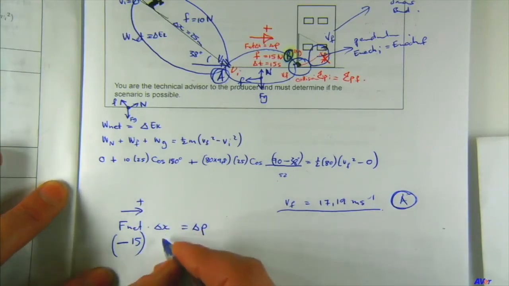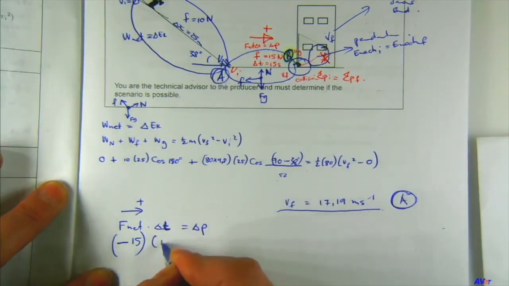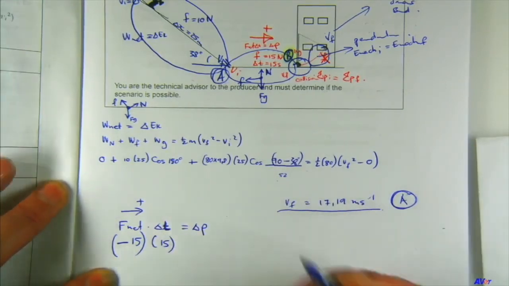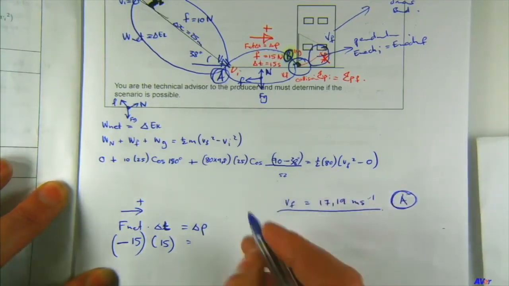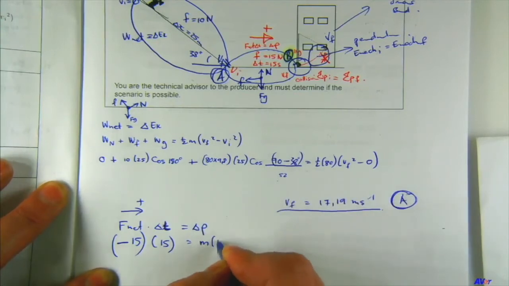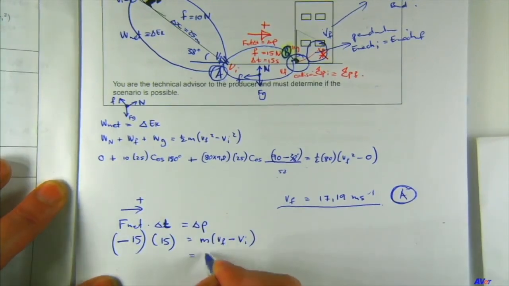And then delta x, he is moving, delta t. Okay, sorry about that one. And the time is 15 seconds. And then change in momentum is final minus initial. They've both got the m, and it's final minus initial. Right, mass 80.